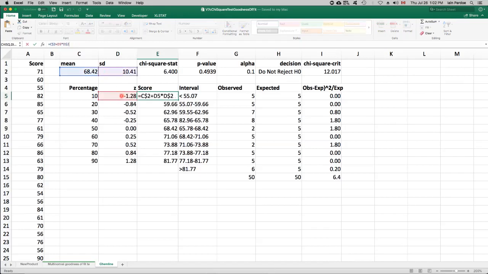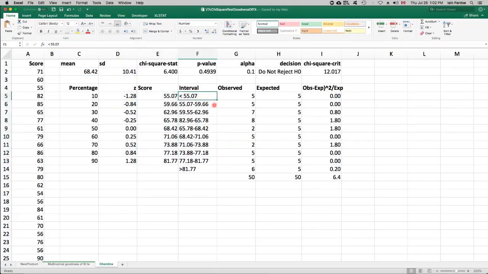I multiply the Z number by the sample standard deviation, and then I add the sample mean. So that's what this formula is doing: sample mean plus the Z number times the standard deviation. I do that for all my Zs, converting my Zs to numbers that match up with my sample. And then I can create intervals using these values.